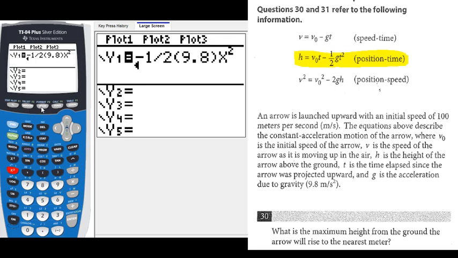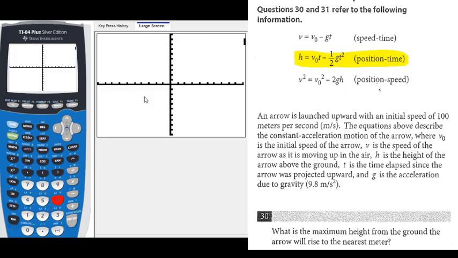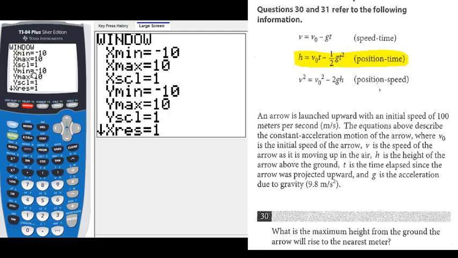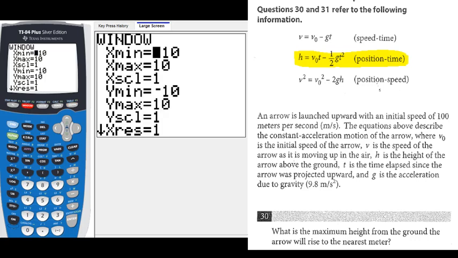Okay, so first of all, normally they give you the window like -10, 10, 1, -10, 10, 1. But when you draw the graph, you couldn't see anything. We are looking for the maximum, so I will change the window. We know this is a word problem. So x minimum, that's time, will be 0. Maximum, you can put like 50, or you can say it's 100, doesn't matter.